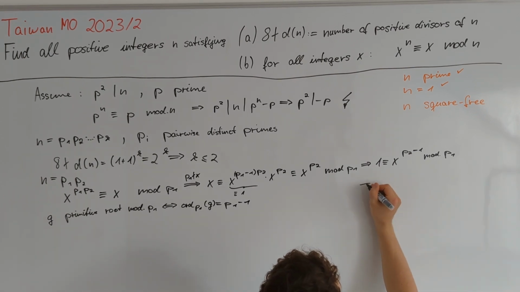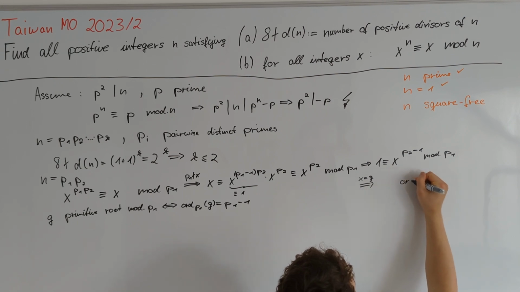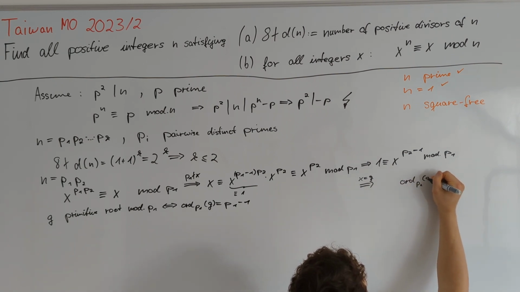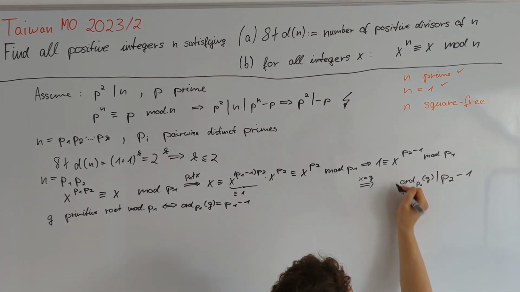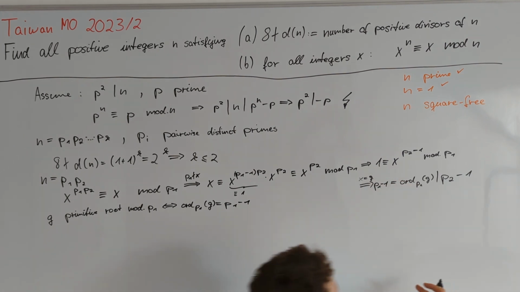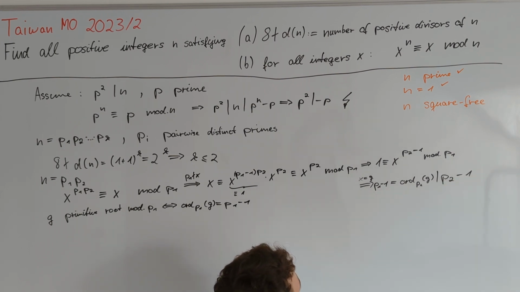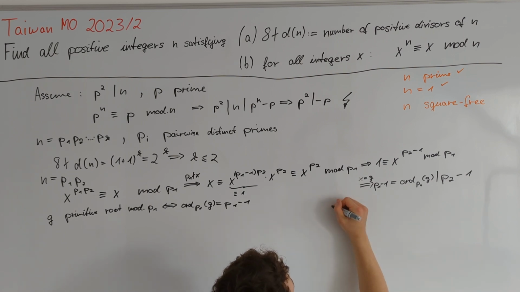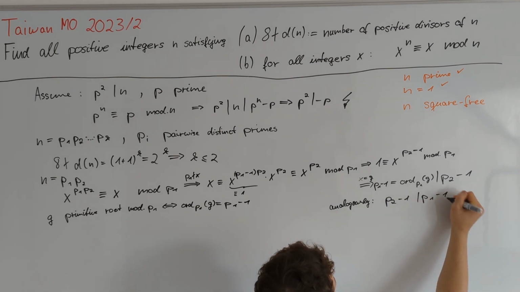Now this equation implies, by taking x equal to g, that the order modulo p1 of g divides p2 minus 1, but this is by definition p1 minus 1. This is a really useful conclusion, so we get p1 minus 1 divides p2 minus 1, and because both were defined symmetrically, we get analogously p2 minus 1 divides p1 minus 1.